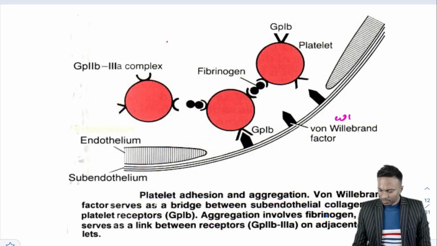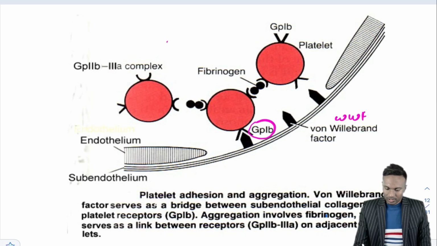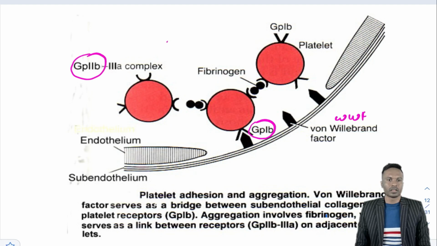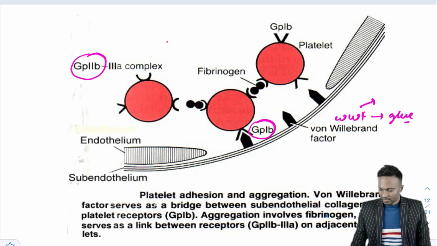Right, again a basic thing. Here you have von Willebrand factor. Here you have glycoprotein 1B. Here you have glycoprotein 2B3A. So in basics we have already studied that von Willebrand factor acts like glue. This von Willebrand factor is actually a very versatile substance. It also carries factor 8 along with it.